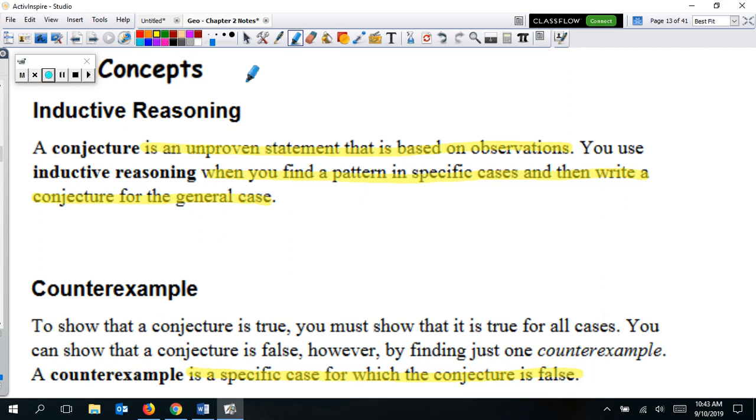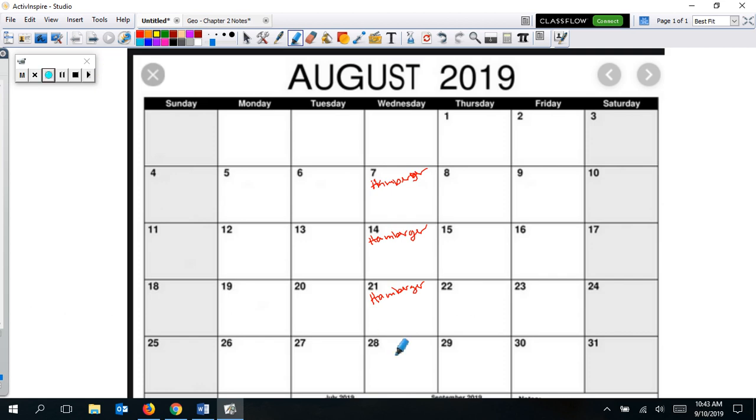So let's just say we go back to our calendar here and we see on the 28th, that Wednesday, we see the ketchup. But we get in there and there's hot dogs. There's no hamburgers. Hot dogs. Well, that just destroyed our whole argument. See, our conjecture was disproven.